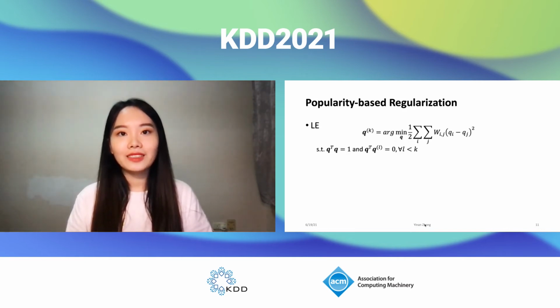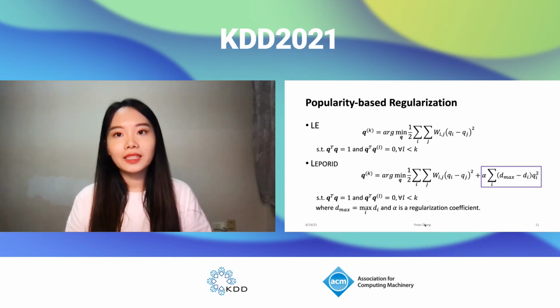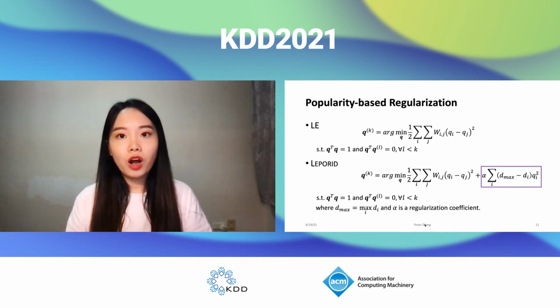The eigenvectors from Q1 to Qd are solutions of the constrained minimization. Then, keeping the constraints unchanged, we add a regularization term to the minimization function in LE, where Dmax is the maximum degree and alpha is the regularization coefficient. The added term applies stronger regularization to the nodes with smaller degrees.